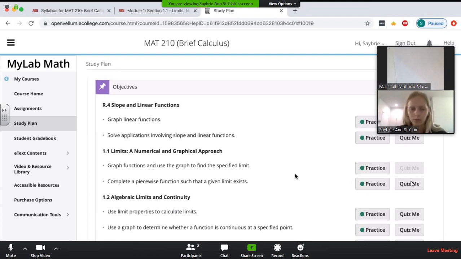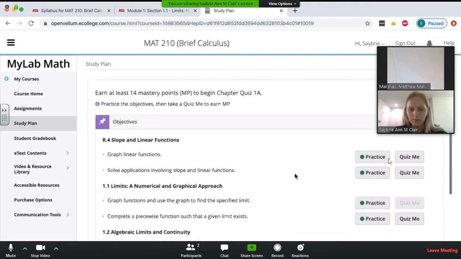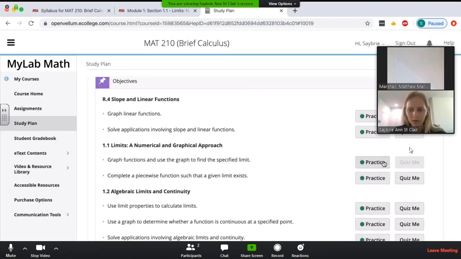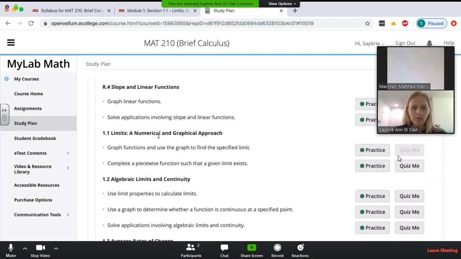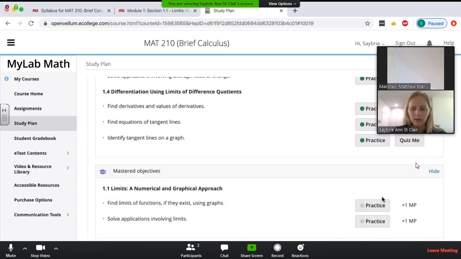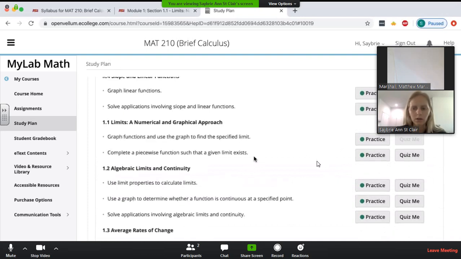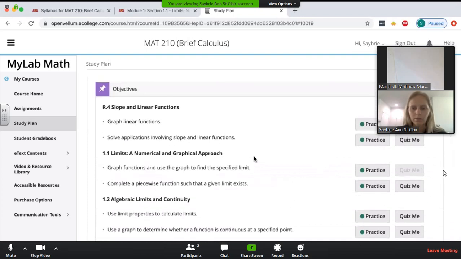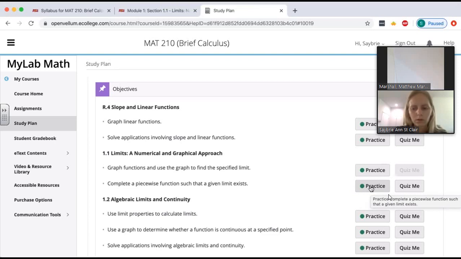Okay, so we could do whatever one you want to do. Graph linear functions. So you got to do 4 total. We could do the practice piecewise, and then we could do that quiz real quick, because those are pretty easy.